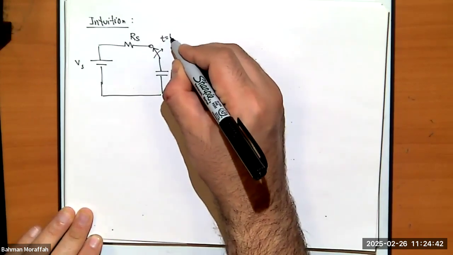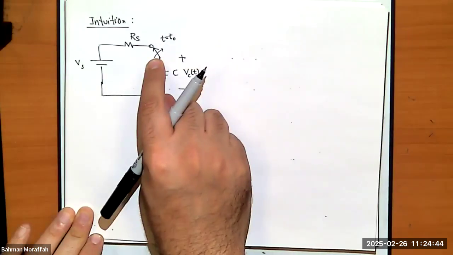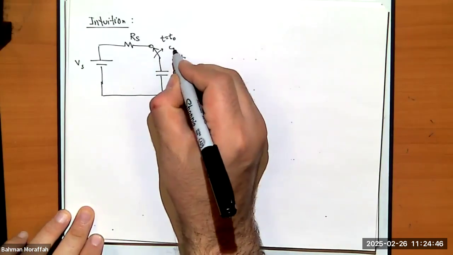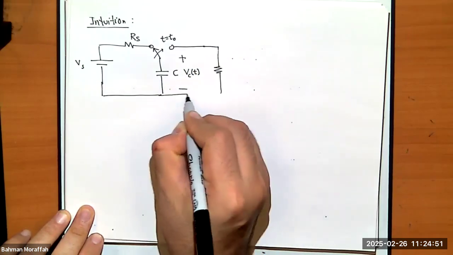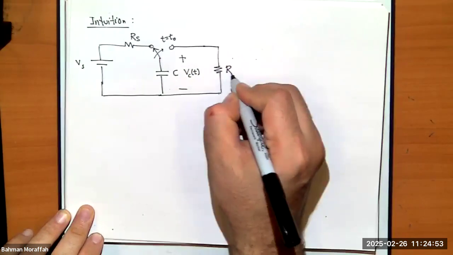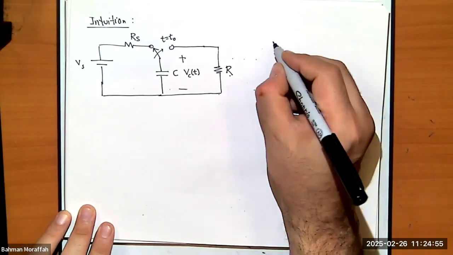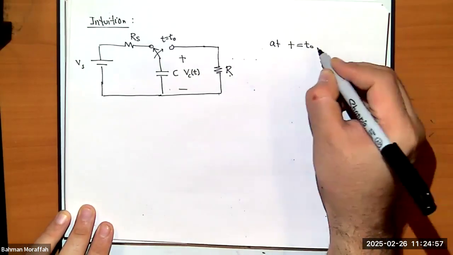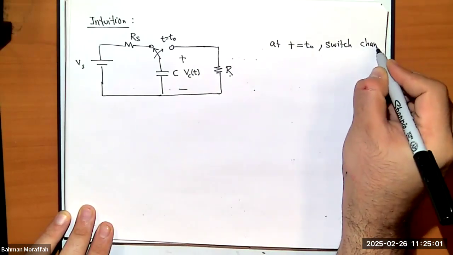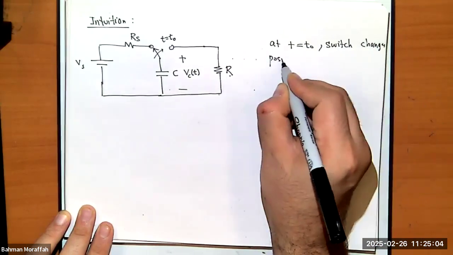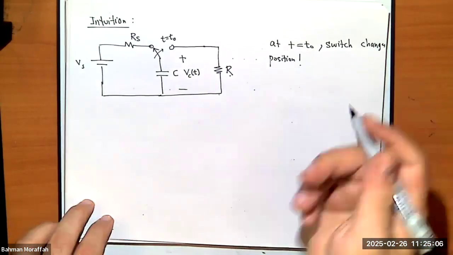At time t equals t naught, I change the position of the switch to here and connect the capacitor to a resistor like this. So at t equals t naught, the switch changes position.